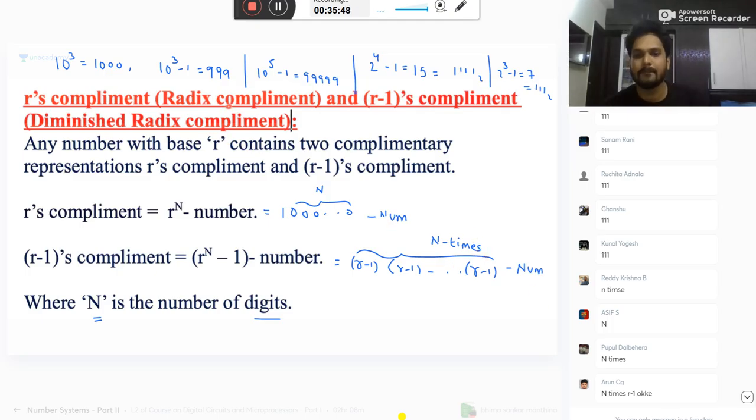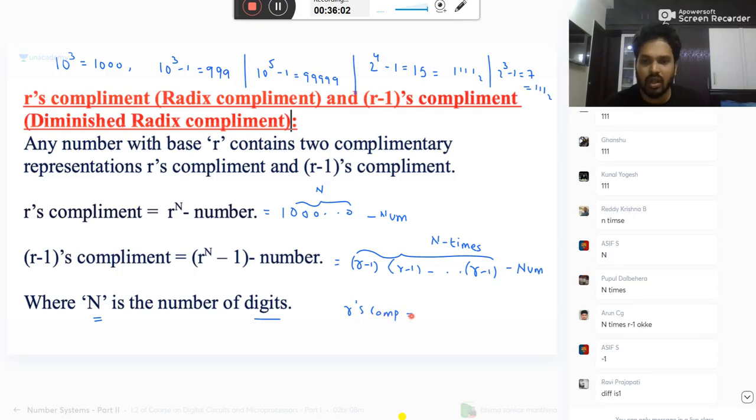You can also say one more thing. What is the relation between these two? R's complement is equal to R minus 1's complement plus 1. Accepted or not?